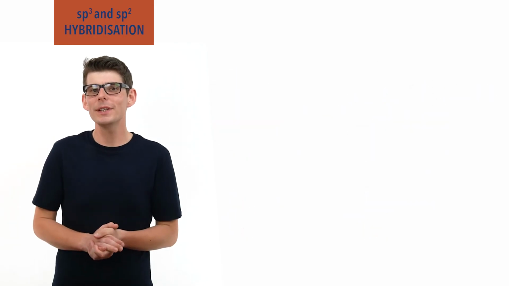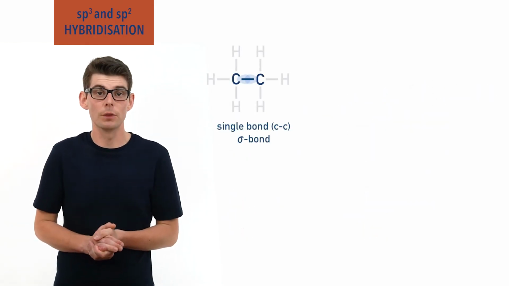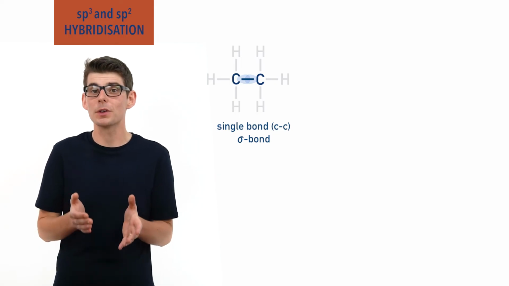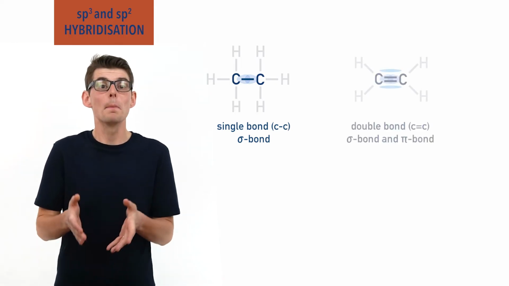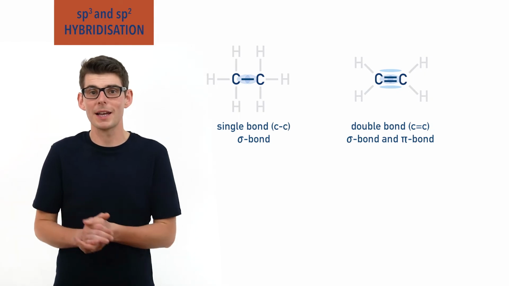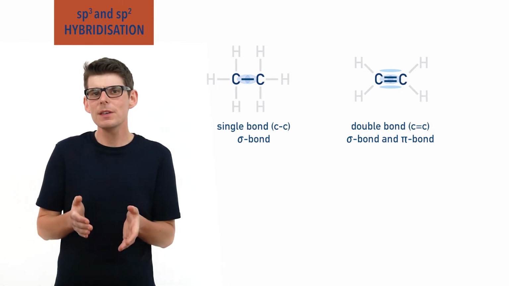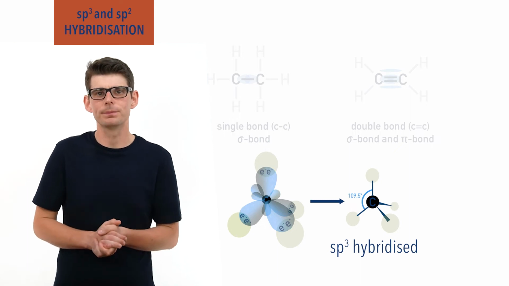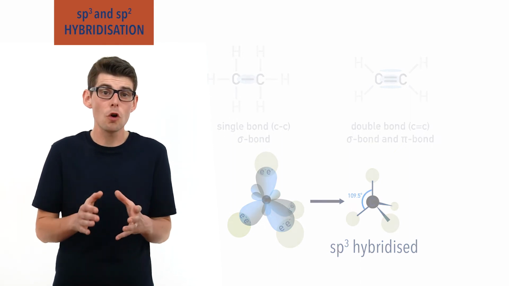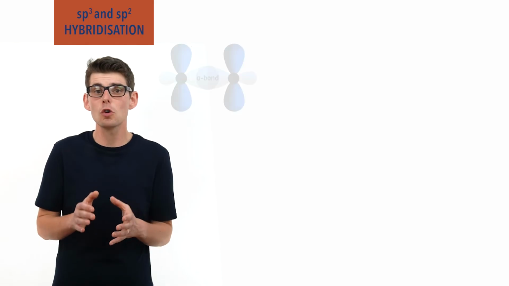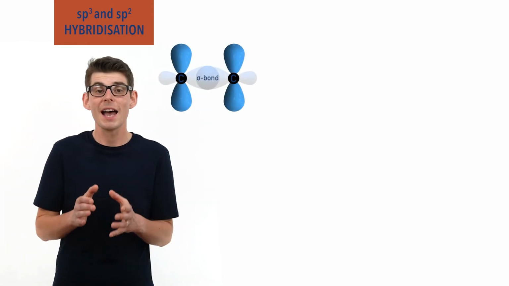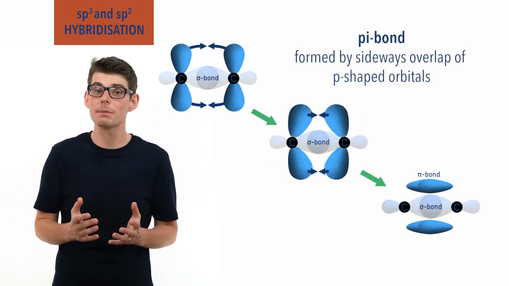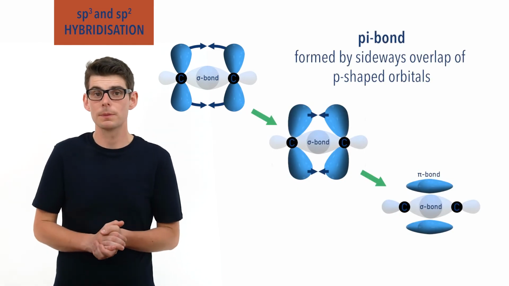So far, we've only dealt with sigma covalent bonds being formed by carbon atoms. However, we know that carbon can also form double or pi bonds with other carbon atoms. And an sp3 hybridization of orbitals wouldn't allow this to happen. This is because when forming a pi bond, p-shaped orbitals from 2 carbon atoms have to overlap sideways, above and below a sigma bond between the 2 atoms.